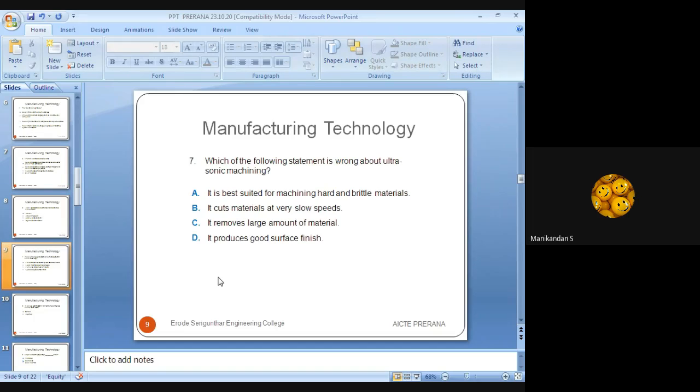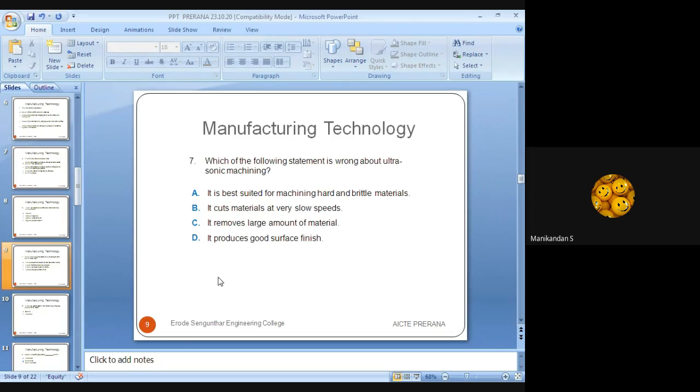Which of the following statements is wrong about ultrasonic machining?